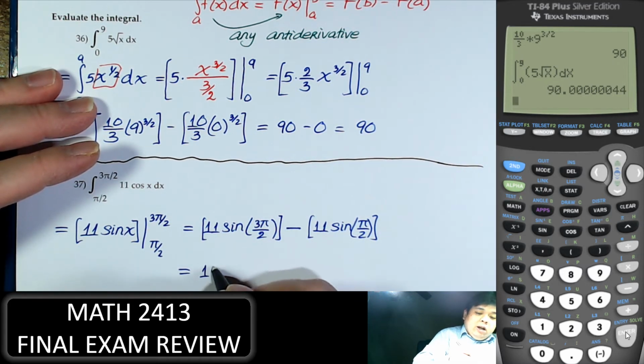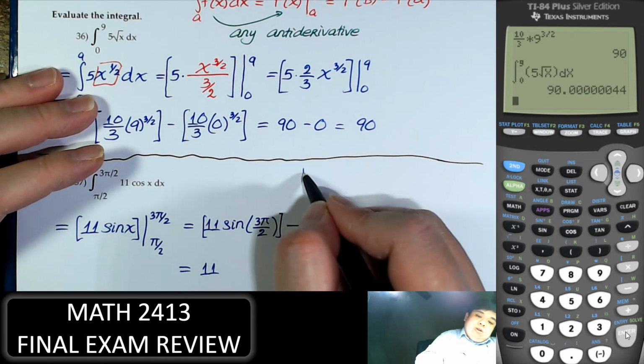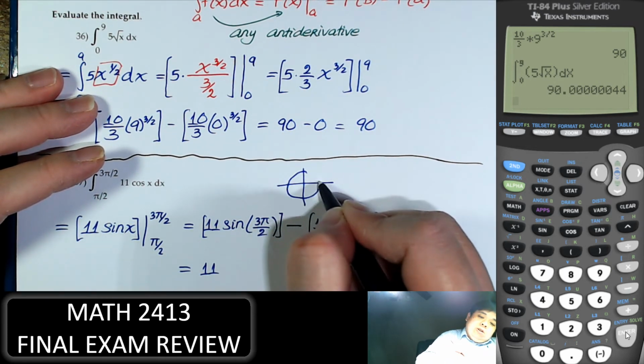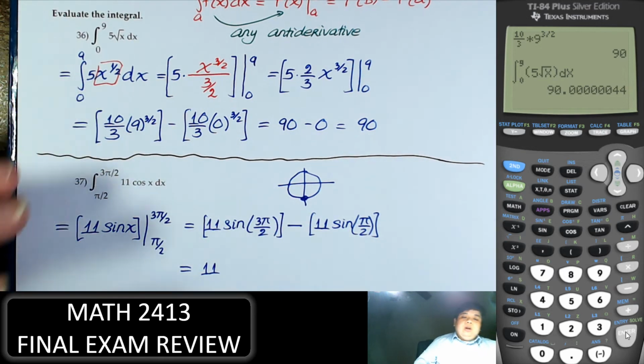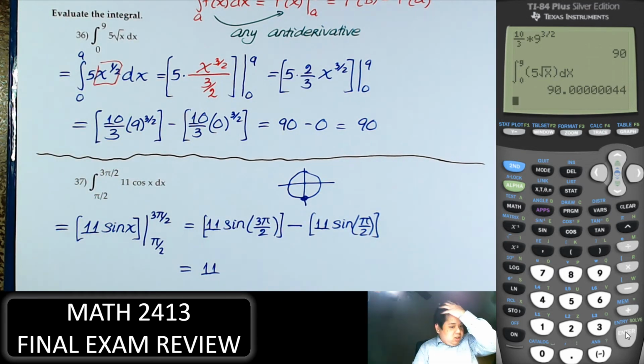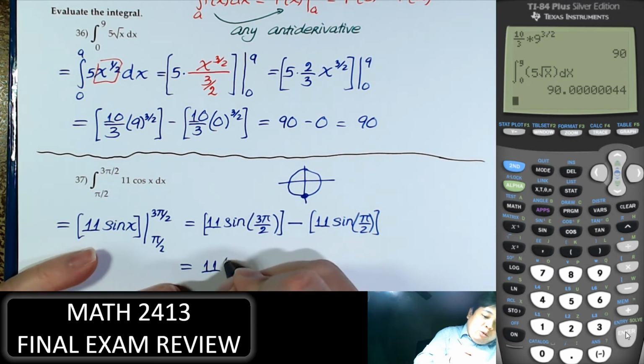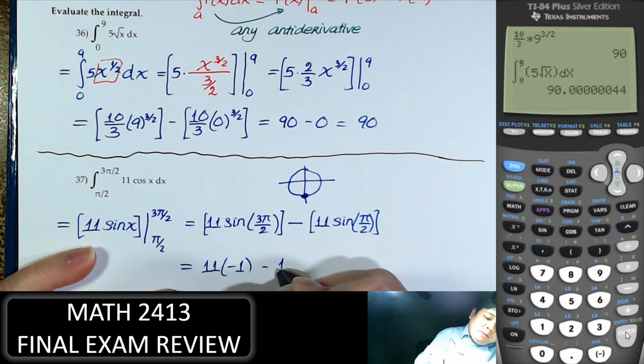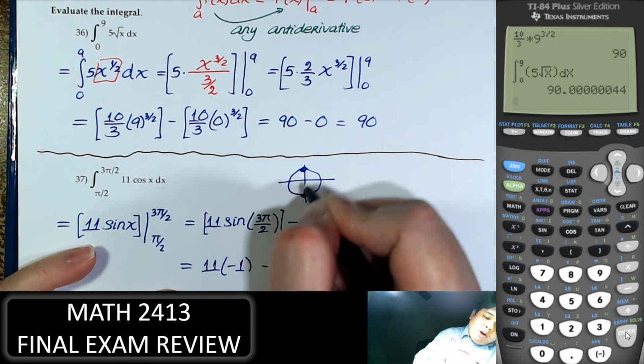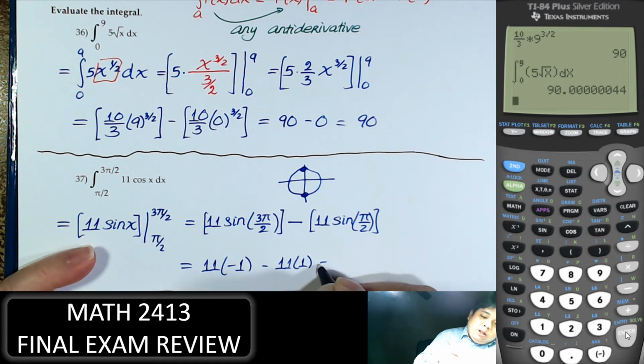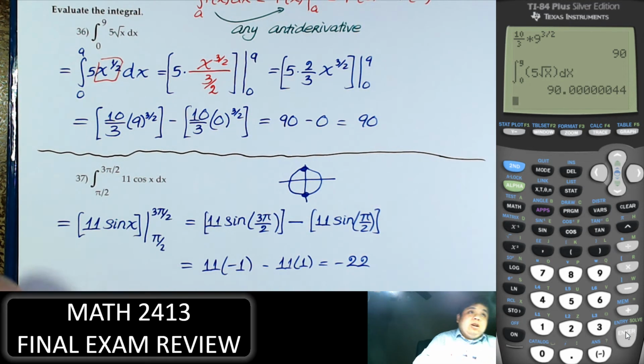Right, sine of 3 pi over 2. 3 pi over 2 is there, and the sine is the y value, so that's -1. Sine of pi over 2 is 1, so that's minus 2. Right.